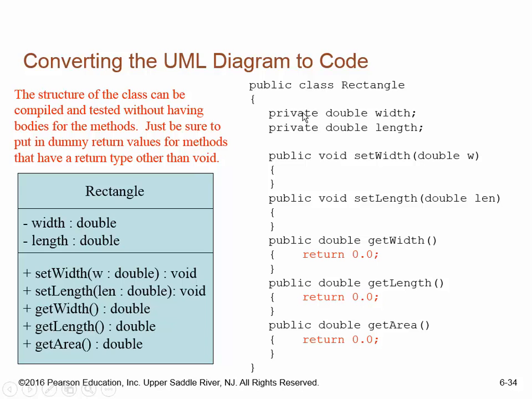They're both double, so you see those there. You've got 1, 2, 3, 4, 5 methods: 2 set methods, each requiring a double, each returning nothing. Those are these right here. Then 3 get methods, each having no parameters passed in, each returning a double.